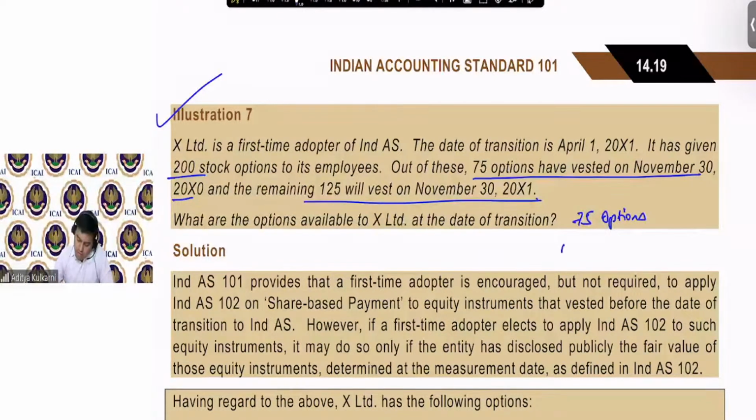75 options, 125 options. 75 options come under which case? Do they come under case 2, case 1, or case 3? 125 options come under which case? Case 2, case 1, or case 3?